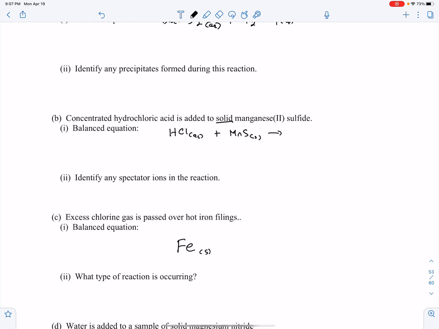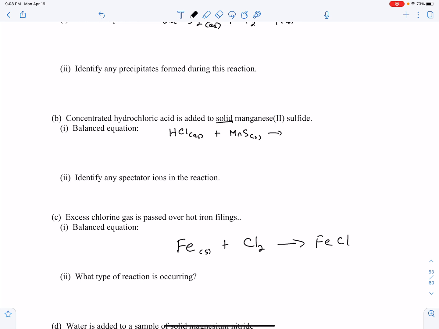Iron, okay, that's the solid, so it's iron, the element, reacts with excess chlorine gas. So here's what that means. When it reacts with excess chlorine gas, you get iron and chlorine.